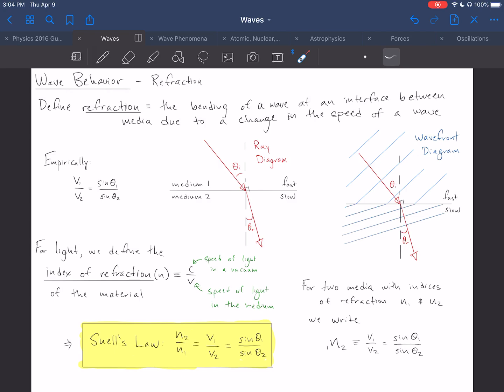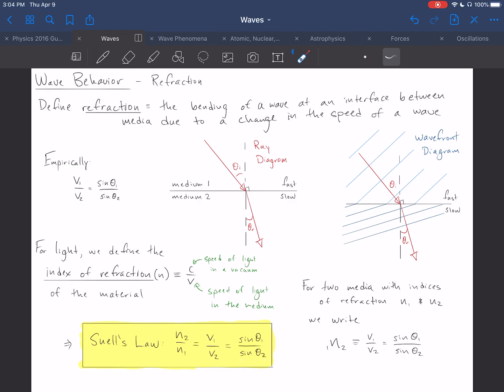If you just take n2 over n1, then n for a particular material, n1 will be equal to c over v1, and simply divide those, then you invert the ratios of the velocities. So n2 over n1 is then equal to sine theta 1 over sine theta 2.